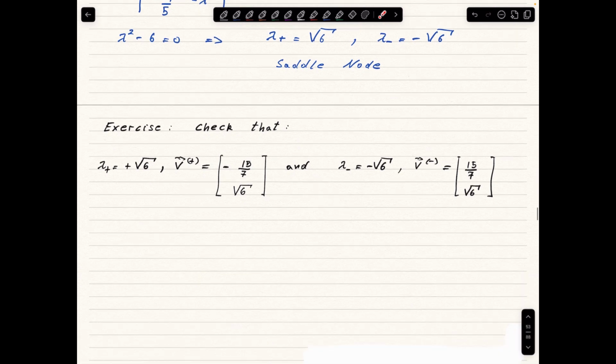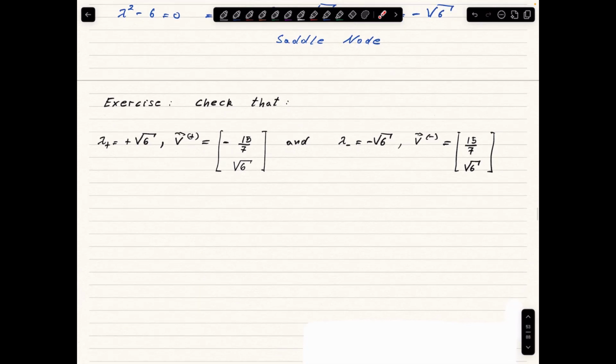And what we can do right now is verify that this strange vector is actually an eigenvector. For example, let's verify that. Why not? So we have the matrix 0, negative 15/7, negative 14/5, 0.